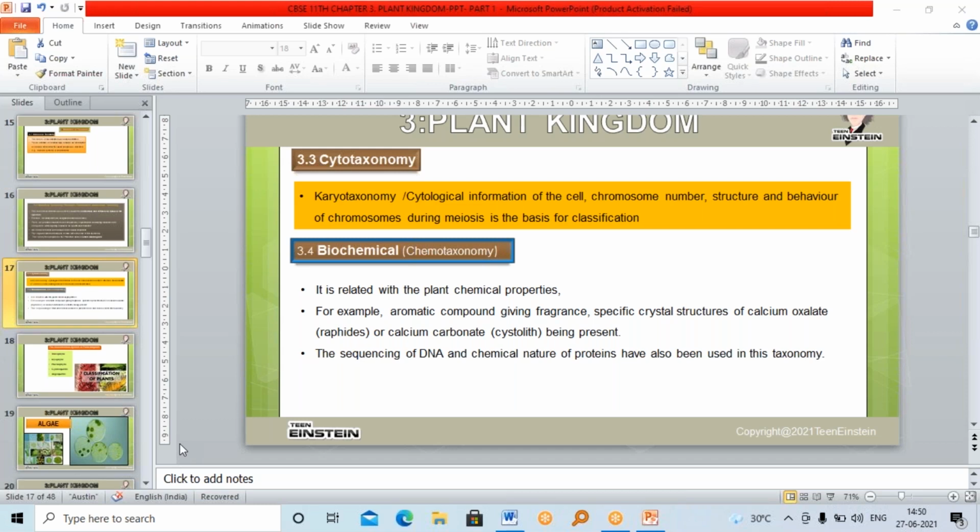Nowadays DNA sequencing and chemical nature of proteins have also been used in taxonomy studies. What is DNA sequencing? Here you are learning a new term, DNA sequencing.